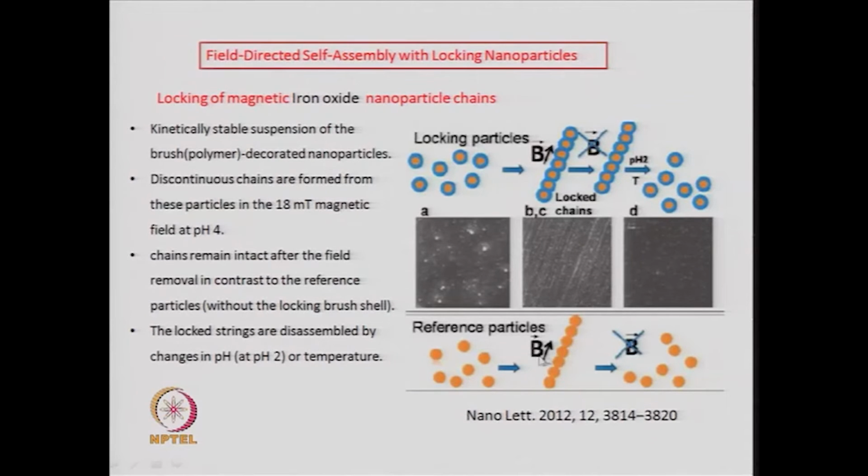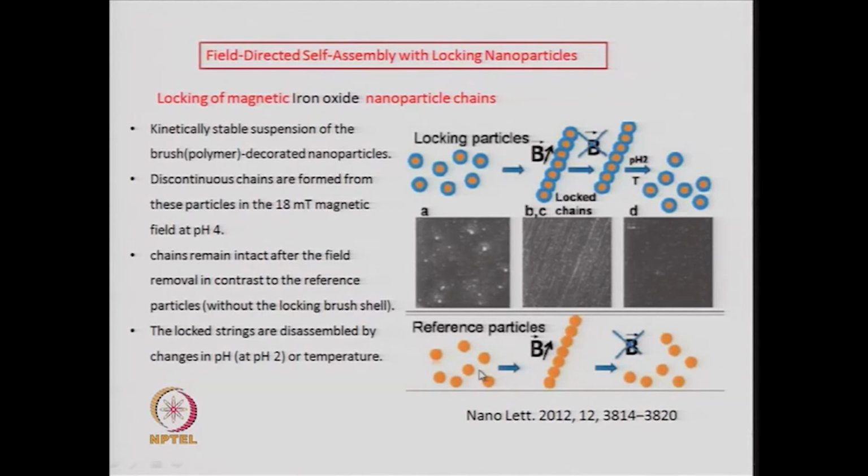Then if you remove the magnetic field, that means you switch off the magnetic field, that means you take away the magnet if it is a permanent magnet, or you switch off the current of the electromagnet. So, there is no magnetic field, then this chain will get disturbed and it will go back to a disordered structure.